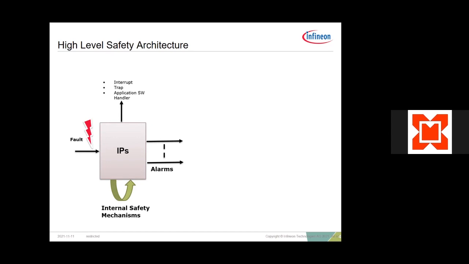Please note that these alarms are predefined. Each safety mechanism has its predefined alarm, and it's very easy to trace back the source of the alarm and identify what fault had occurred and what was the cause of the failure.